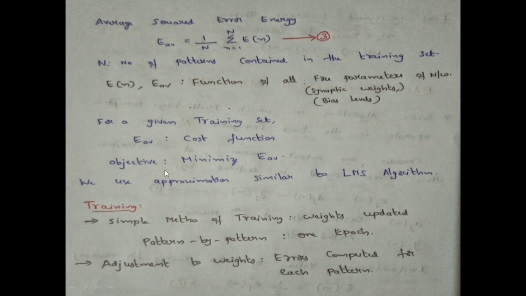And now what is the objective? The objective of the learning process is to adjust the free parameters of the network, that is the synaptic weights and bias levels, to minimize E_AV. To do this minimization, we use an approximation similar to that we used for the derivation of the LMS algorithm.